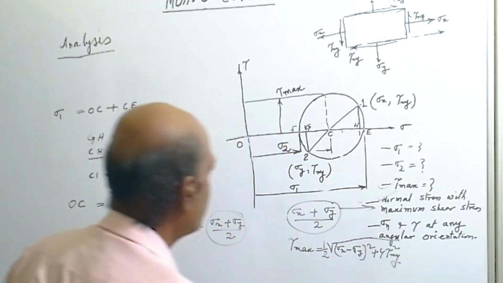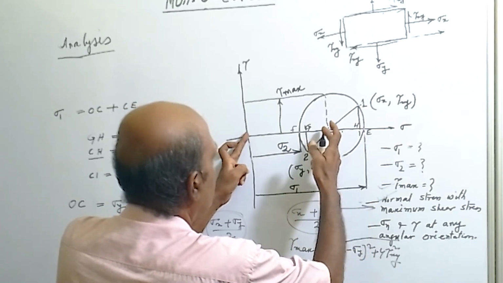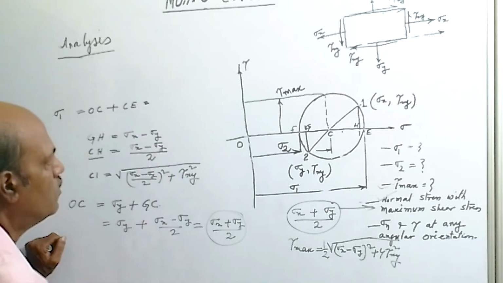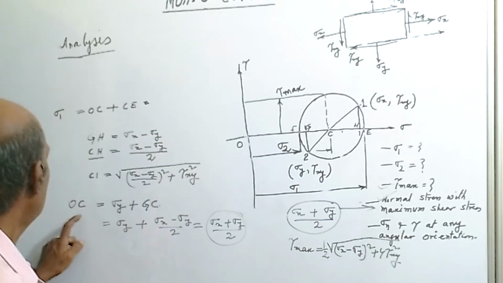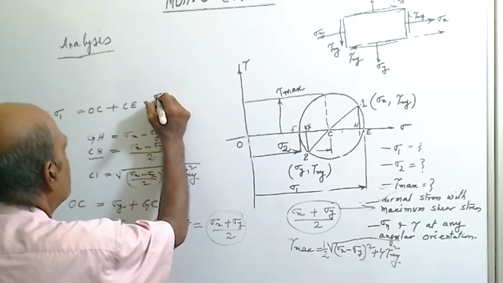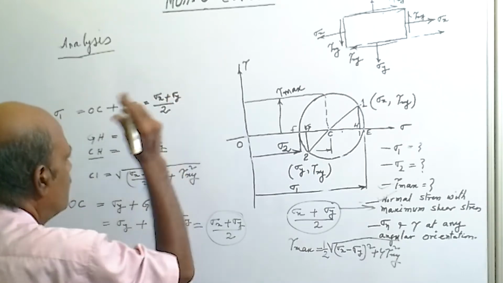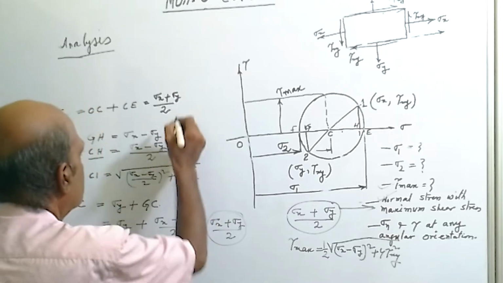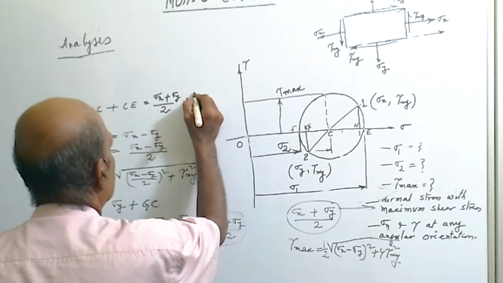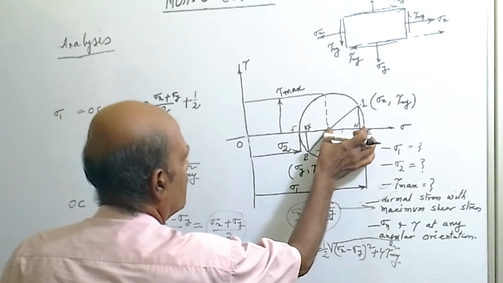Now sigma 1 is equal to OC plus CE. What is the OC value? We have calculated it: sigma x plus sigma y by 2, plus the radius of the Mohr circle.